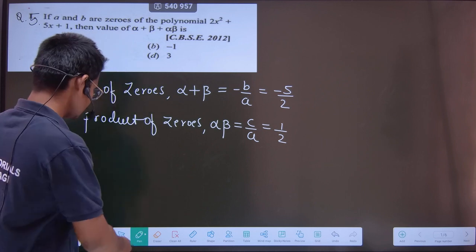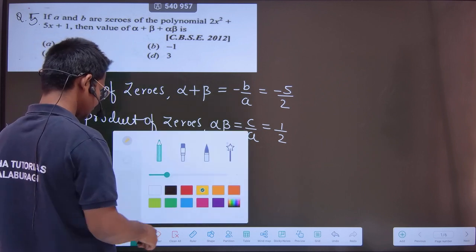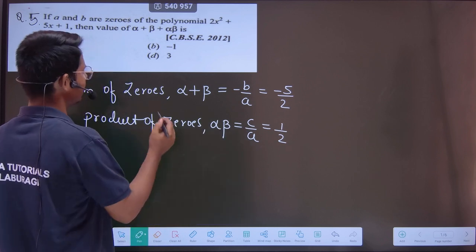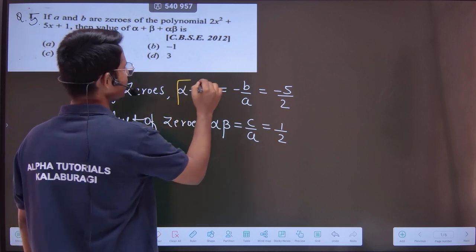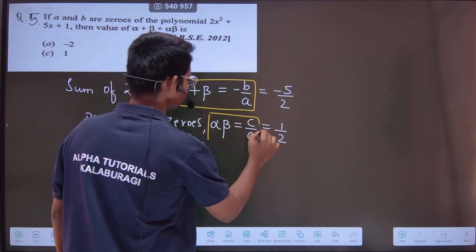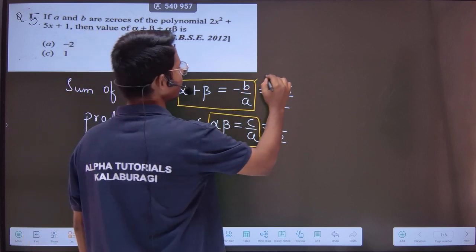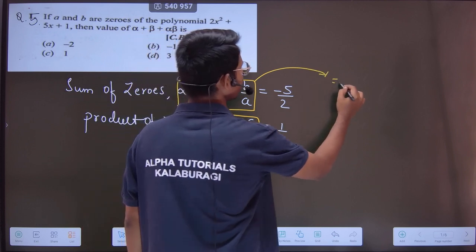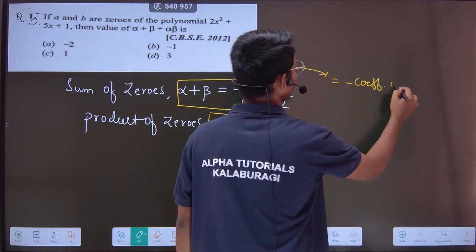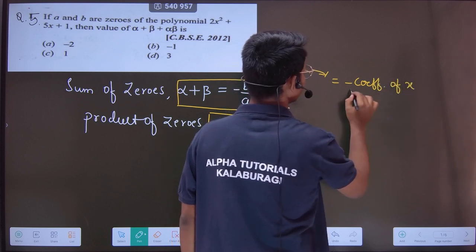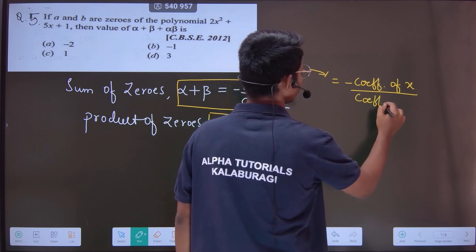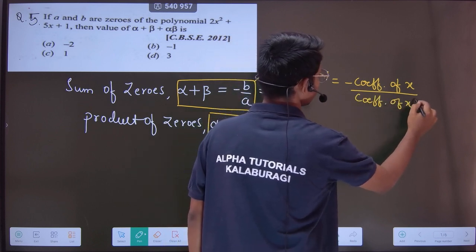Students need to understand the relation: sum of zeros is equal to minus b by a, and the product of zeros is equal to c by a. You can also write this as minus the coefficient of x divided by the coefficient of x square.